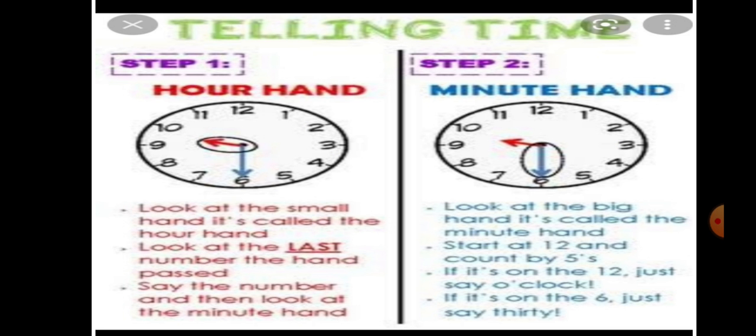Telling time. Look at the small hand. It's called the hour hand. Look at the last number the hand passed. Say the number and then look at the minute hand. Step 2.